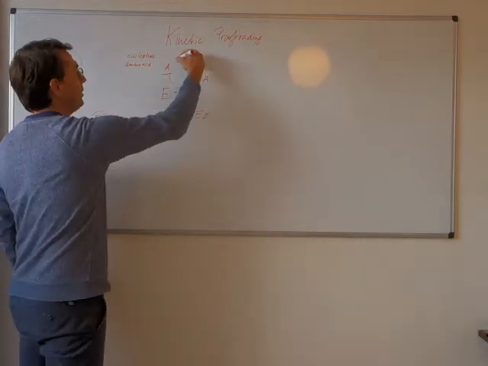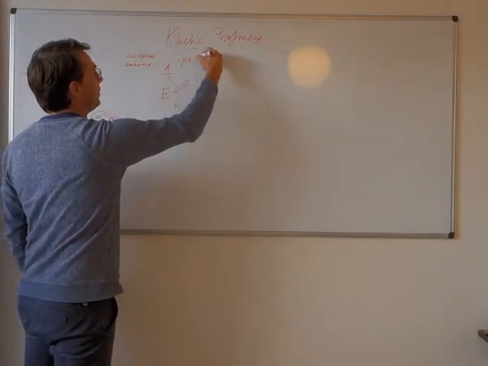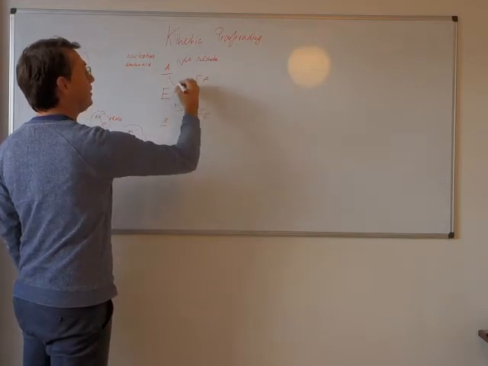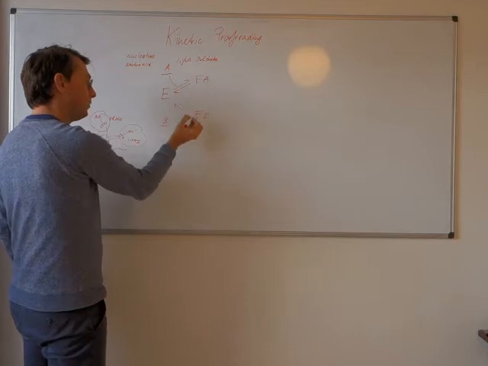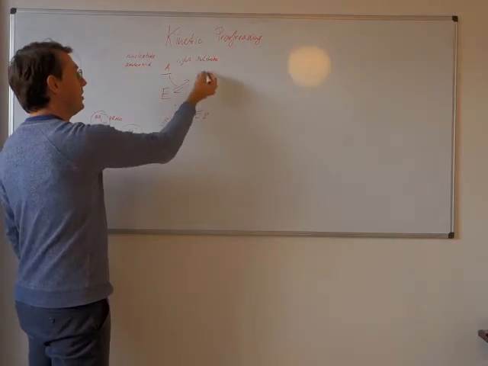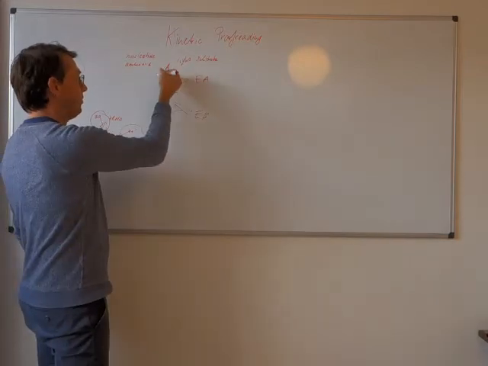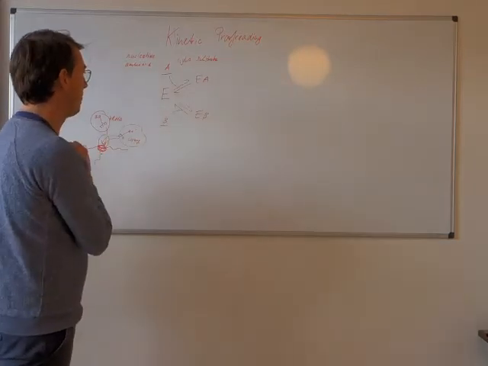So if this is the right substrate, then this route is more probable than that route, simply because the enzyme has a higher affinity for A, for the right substrate, than for B.